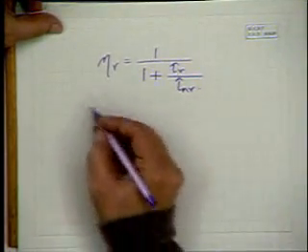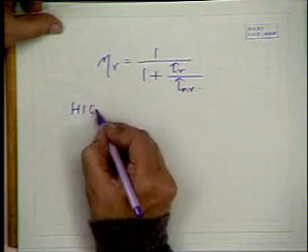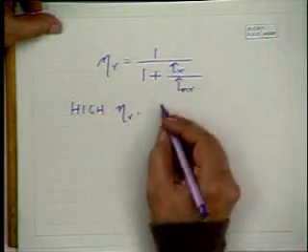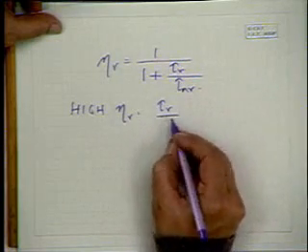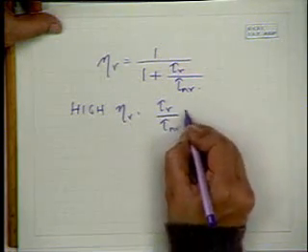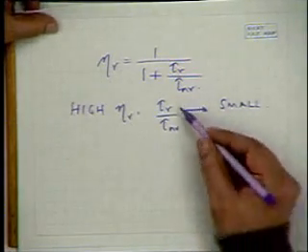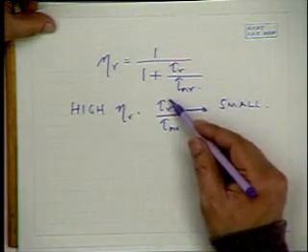So for high radiative recombination efficiency, this denominator should be small, that means tau R should be much smaller than tau NR.